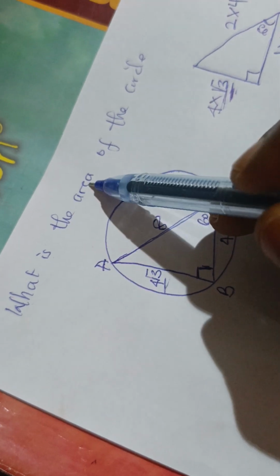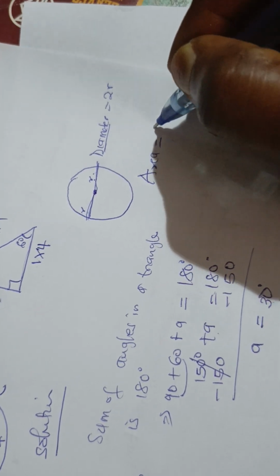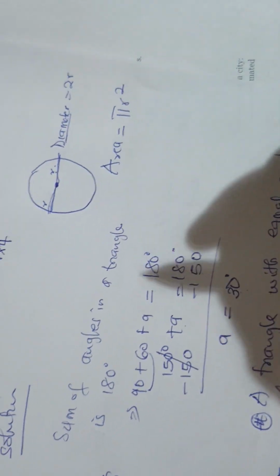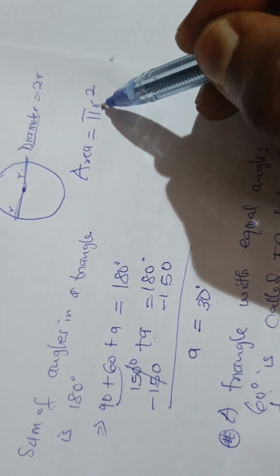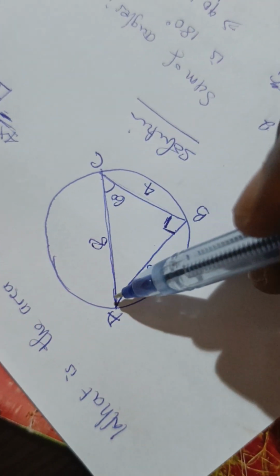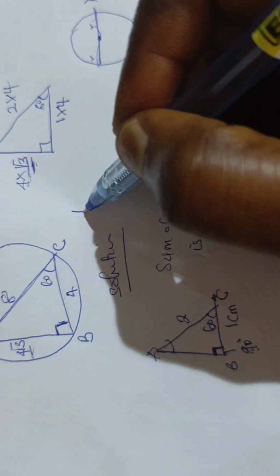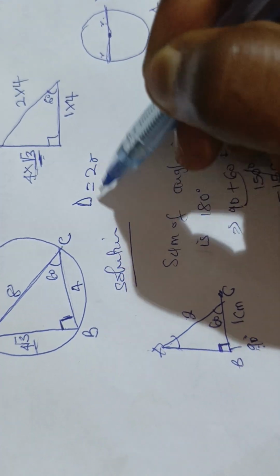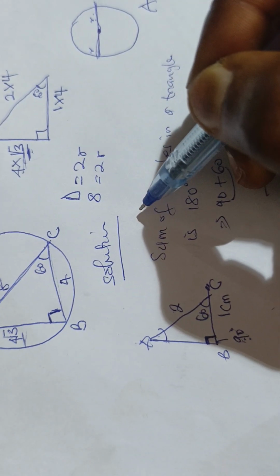Now the question says, what is the area of the circle? When we are looking at the area of a circle, the formula is pi r squared. So if you see, there is no space for diameter in it, and in this question what we have gotten is the diameter, right? So if we say that diameter is equal to 2r, and we are given that diameter is 8, how can we get our r?